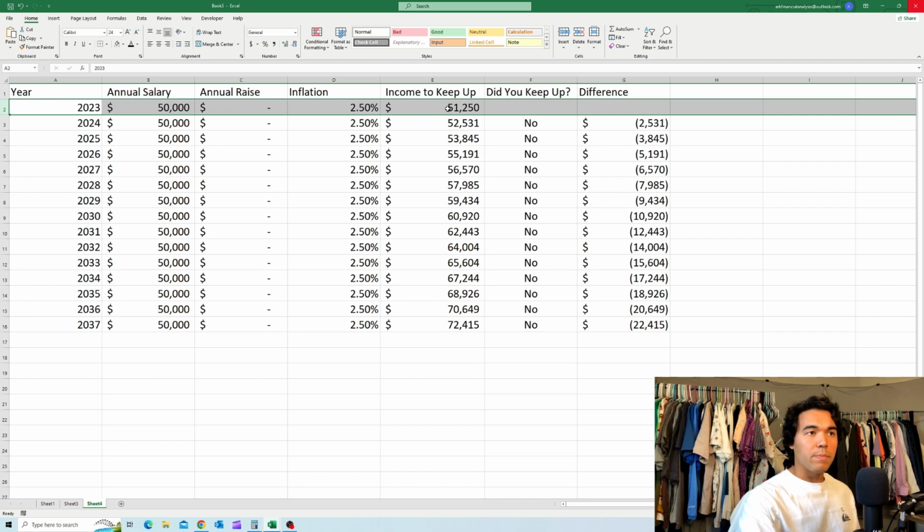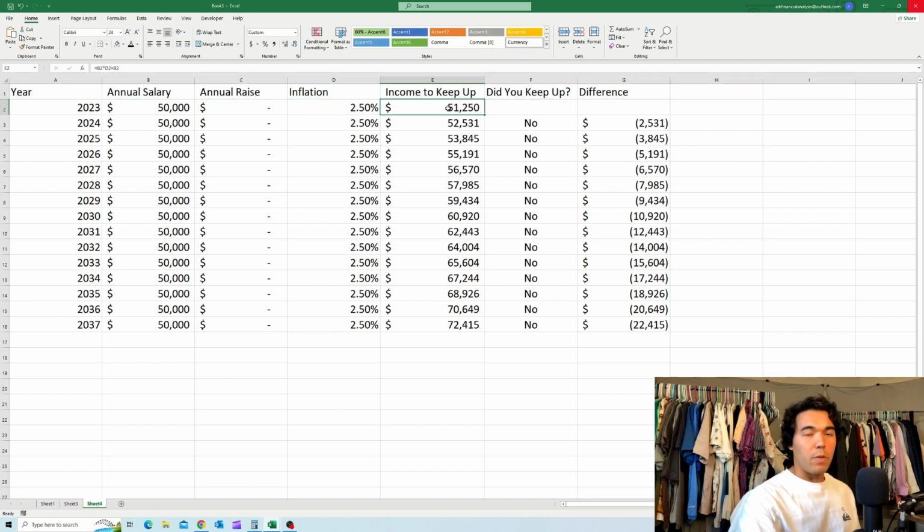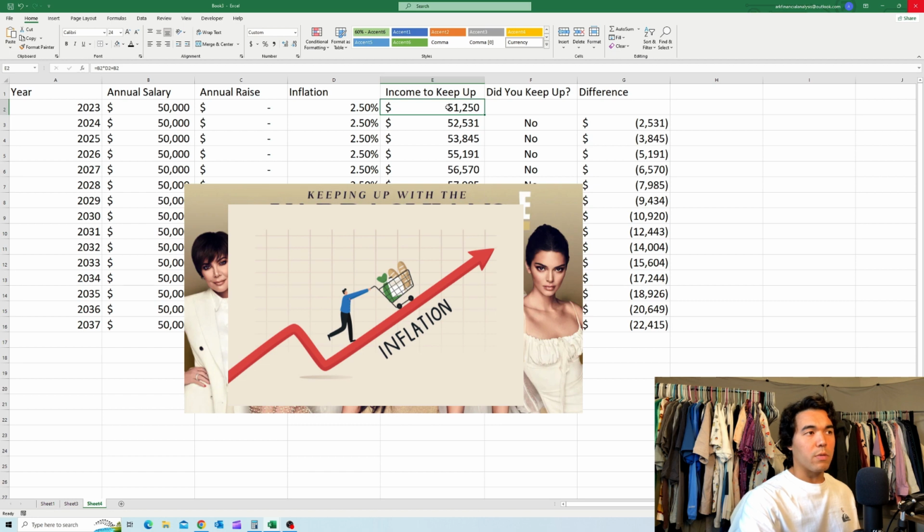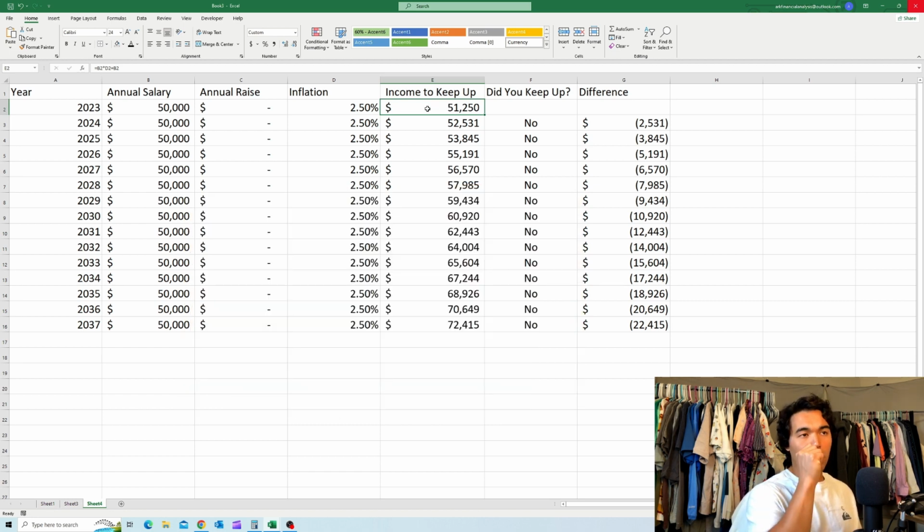So keeping up with income here, season 1, episode 1, the income that Michael the Muppet Man will need to make going into 2024, to keep up with the inflation from the last year is $51,250.